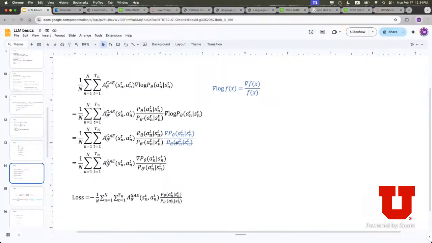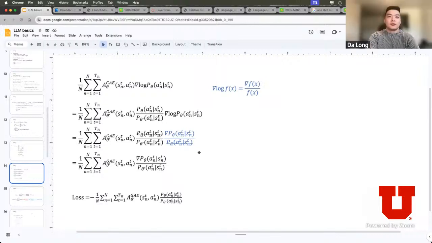Okay, yeah, that's correct. Then we also use the formula, and we can get the final formulation. We just need to take the gradient over the P theta here.